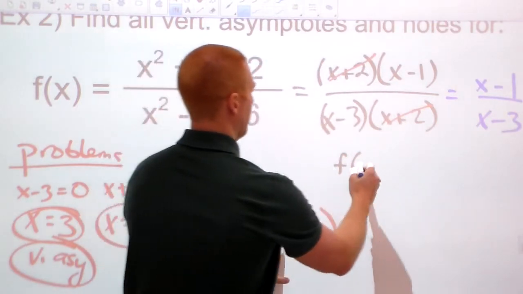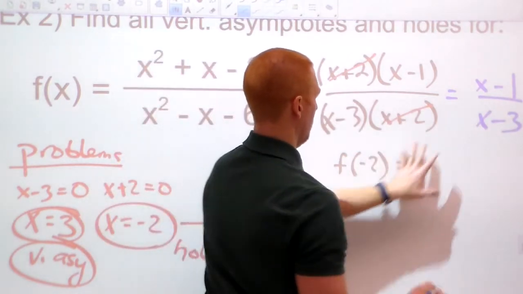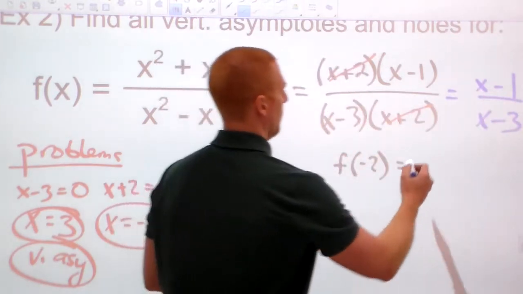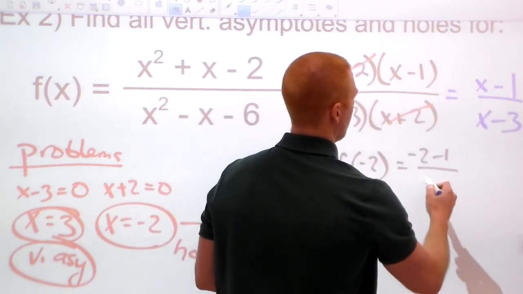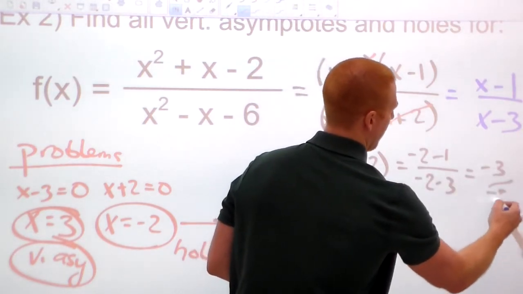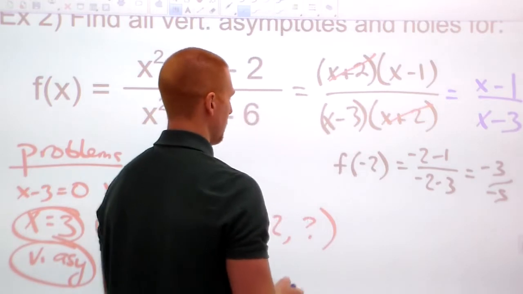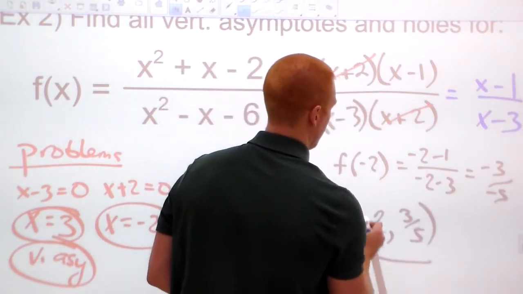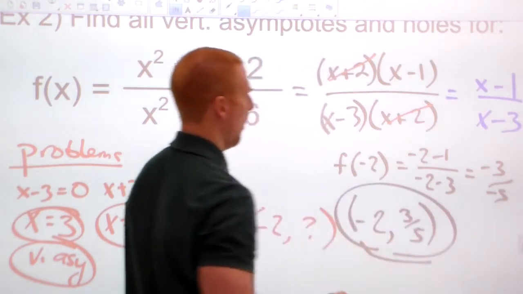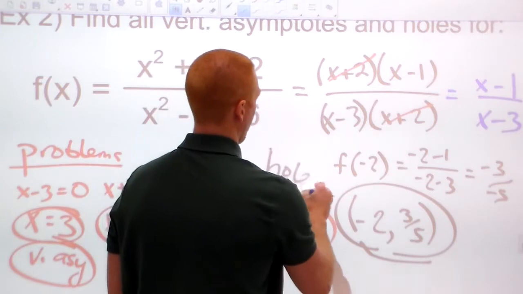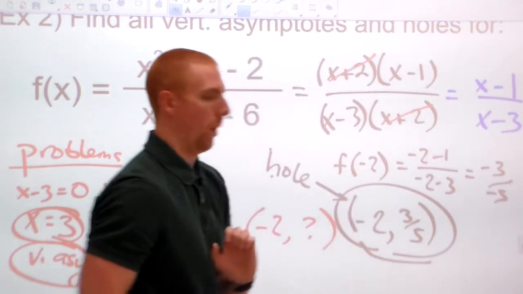So I'm going to evaluate f of negative 2, but with this being the new simplified version. So negative 2 minus 1 over negative 2 minus 3 is negative 3 over negative 5, so that would end up being positive 3/5. So negative 2 and 3/5. Oops, there we go. That's the hole in the graph. So for the final answer, make sure that you are including the x and the y coordinates.